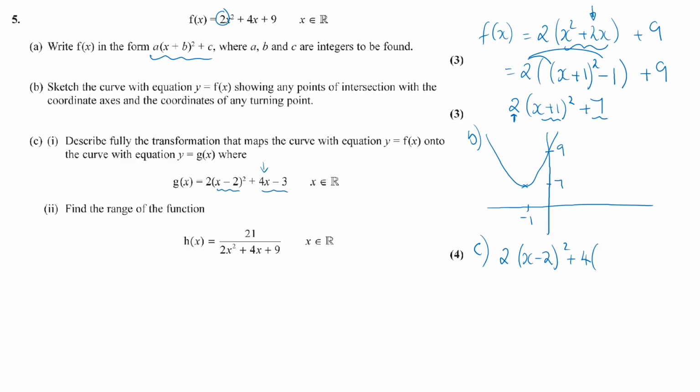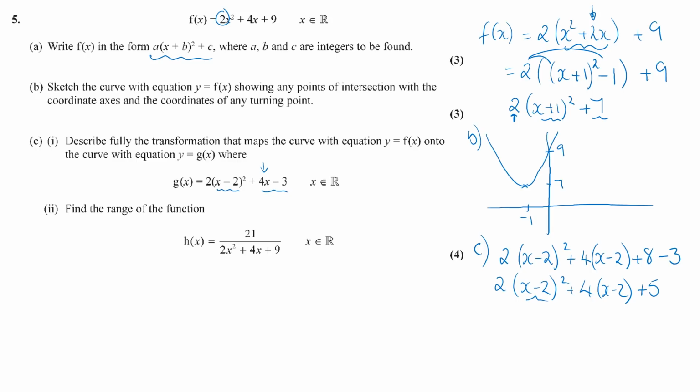Now we need to make the same transformation, which would be x minus 2, and that would make the whole graph shift 2 to the right, but that's also going to give us a minus 8, so we need to plus 8, and then we'll need to take off our 3, so this will be 2 times (x minus 2) all squared plus 4 times (x minus 2), and then we've got plus 8 minus 3, which would be plus 5.